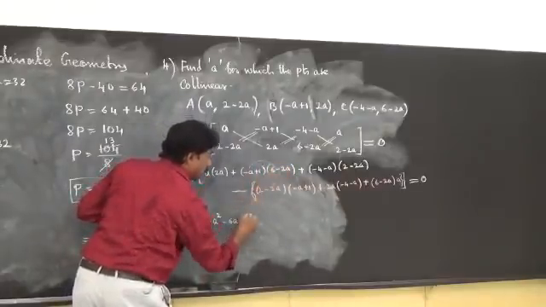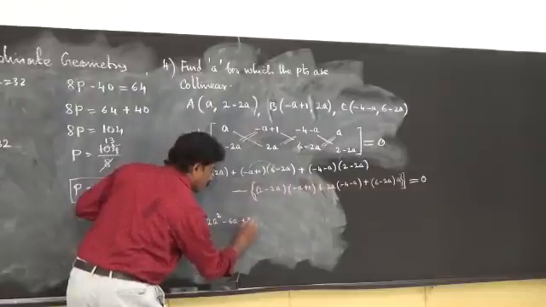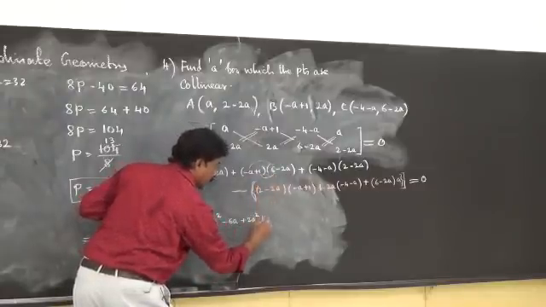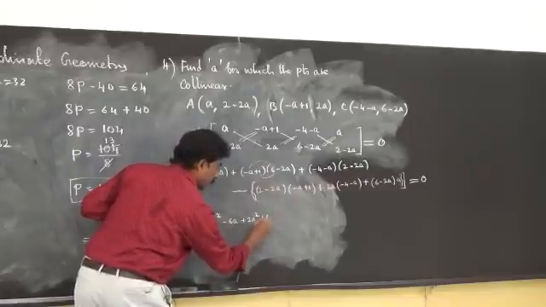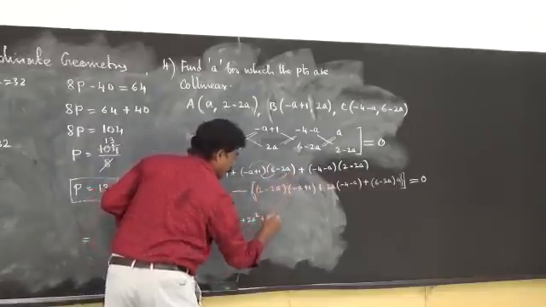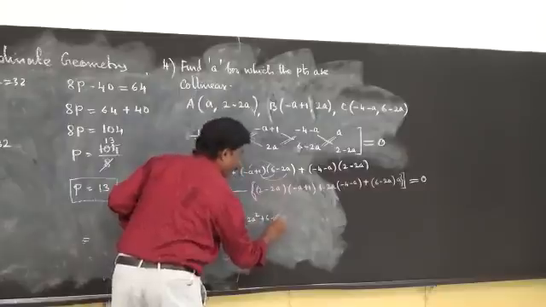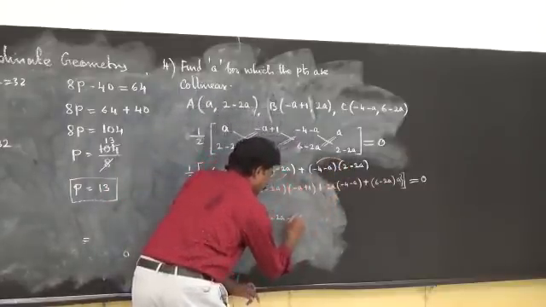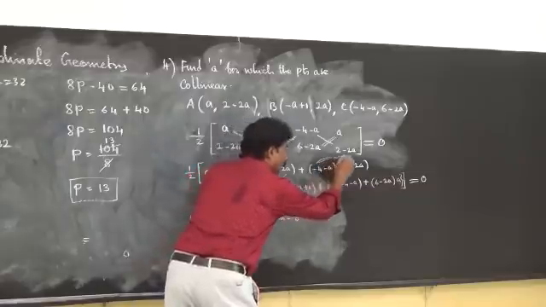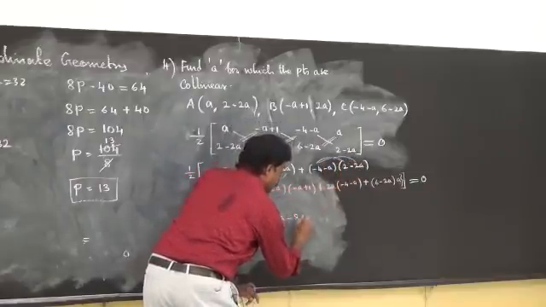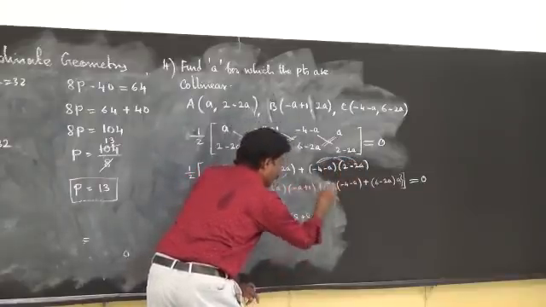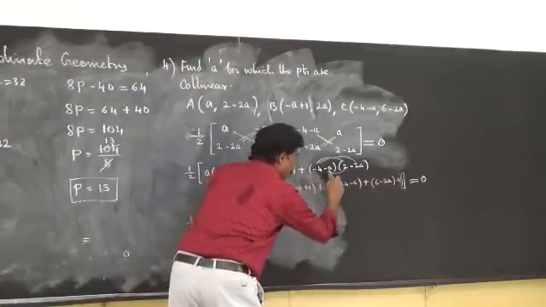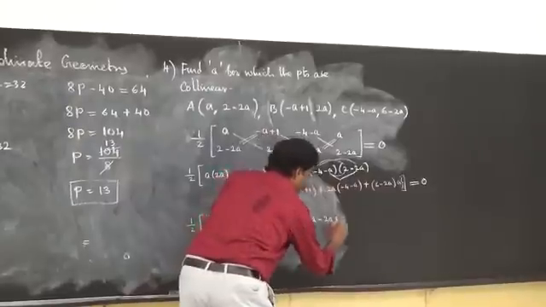Minus a into minus 2a, plus 2a square. 1 into 6, plus 6. 1 into minus 2a, minus 2a. Minus 4 into 2, minus 8. Minus 4 into minus 2a, plus 8a. Minus a into 2, minus 2a. Minus a into 2a, plus 2a square.